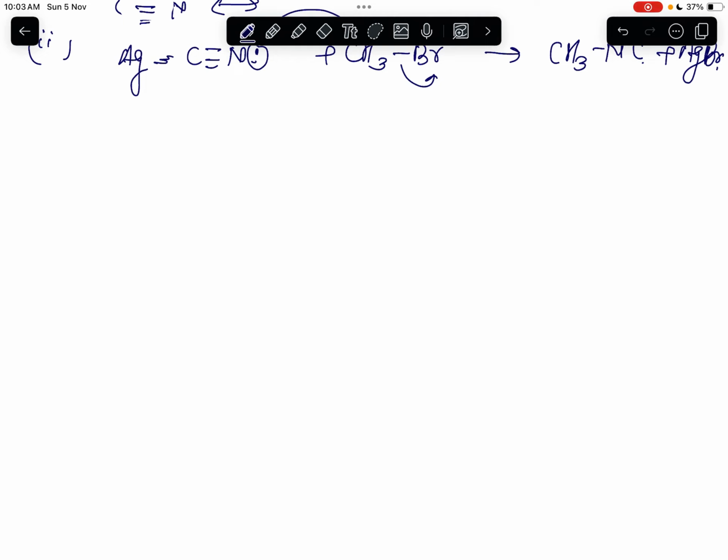Now we have to understand the mechanism followed by the nucleophilic substitution reaction. The mechanisms followed are SN1 and SN2. First we will understand SN2. Here S represents substitution, N represents nucleophilic attack, and the 2 represents second order reaction.